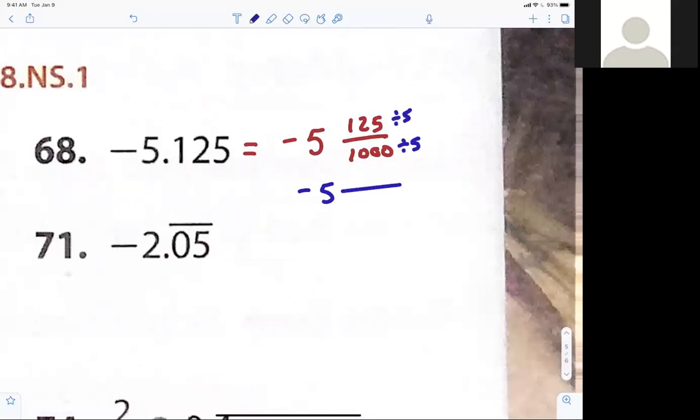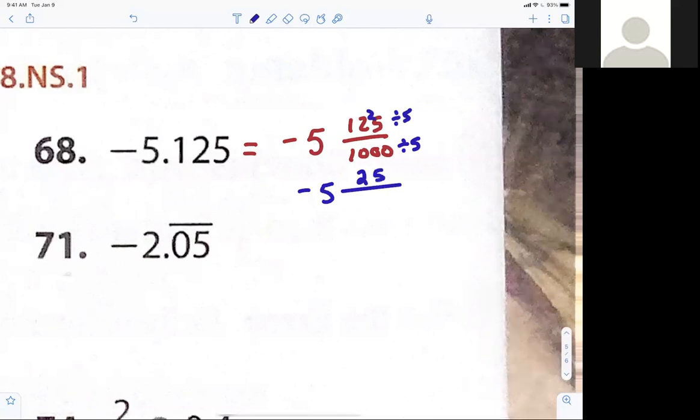5 goes into 12. How many times? Twice. How many left over? 2. And then 5 goes into 25. 5 times.